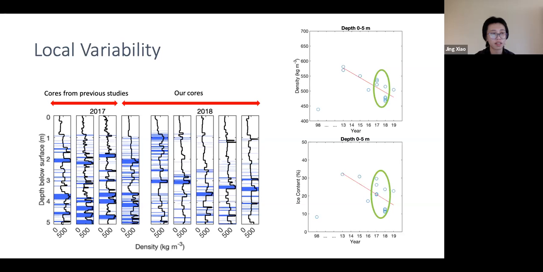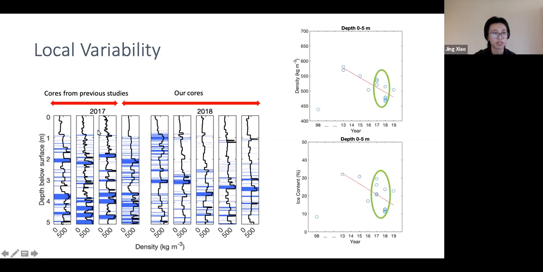Out of these 9 cores, 6 cores are just short cores of about 5 meters, so here I only included the top 5 meters for this comparison. All the 5 cores from 2018 were drilled by our team, and these cores are 10 meters apart from each other, so they are very close together.